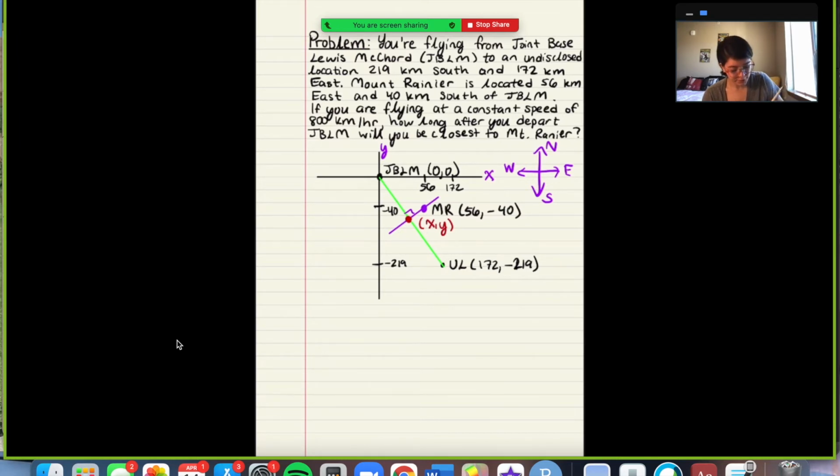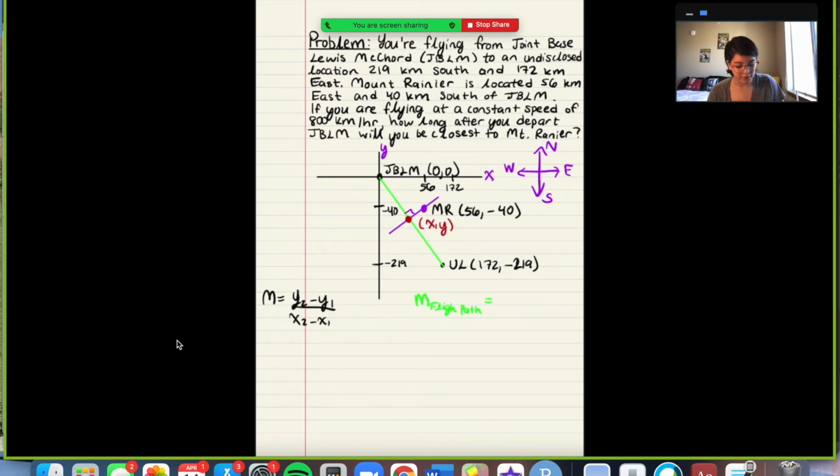So let's first find the slope of our flight path. So we'll call it the slope of flight path. And remember our slope equation is, I'll write it out over here. In general, y2 minus y1 over x2 minus x1.